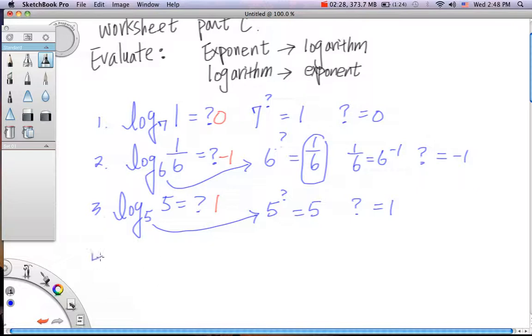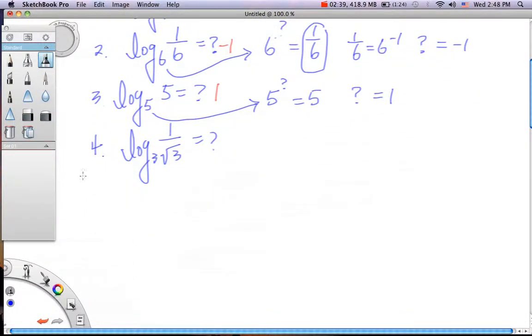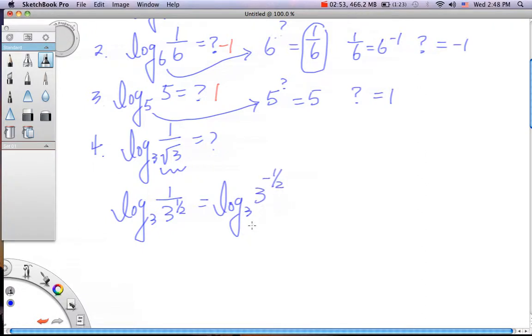Let's do number 4. Log base 3 of 1 over square root of 3. What does that equal to? Now, first thing I want to do is change this to look like a power. So if you recall, the square root of 3 is 3 to the 1/2, right? And that also means that 1 over it is 3 to the negative 1/2 if we bring it up to the exponent part.